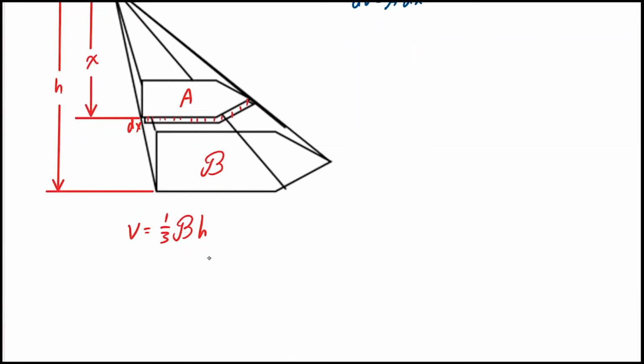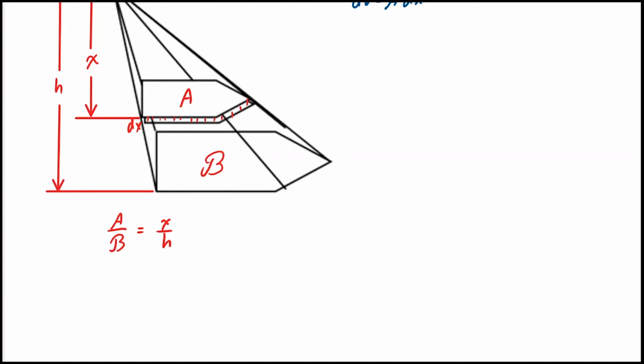How can we do that? I'm going to figure it out down here. The question is, what is our area A to B proportional to? Would that be proportional to x to h or not? Think back in geometry.